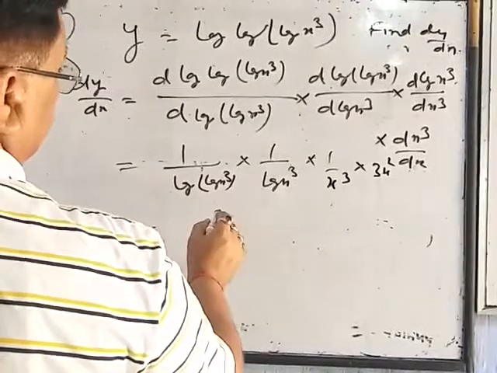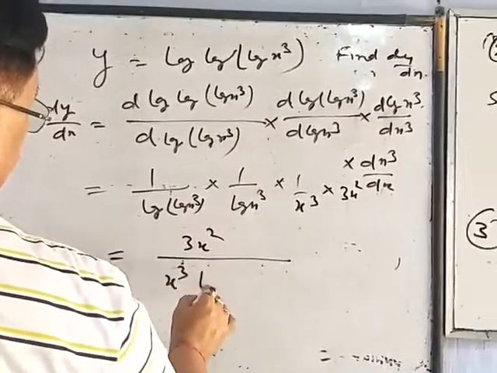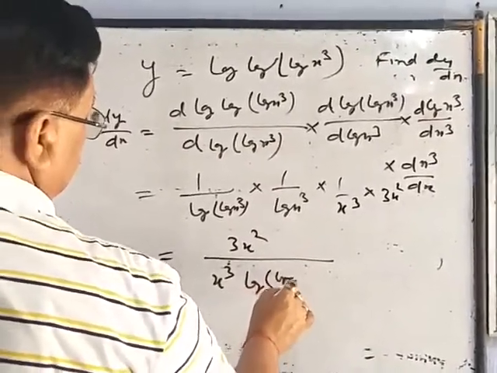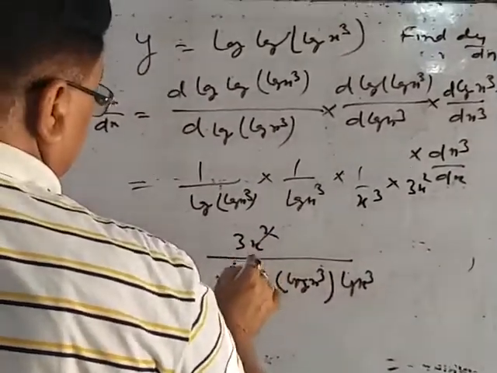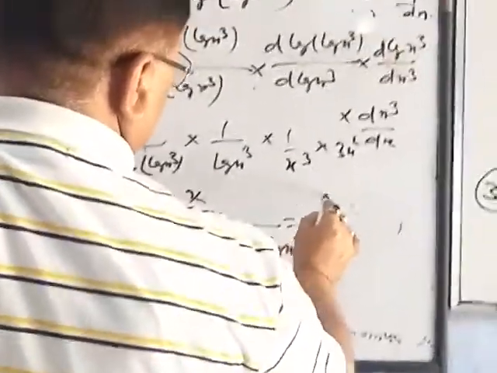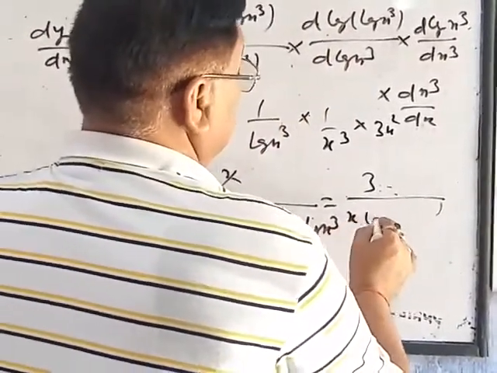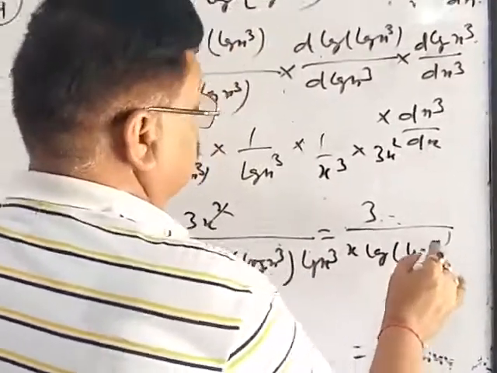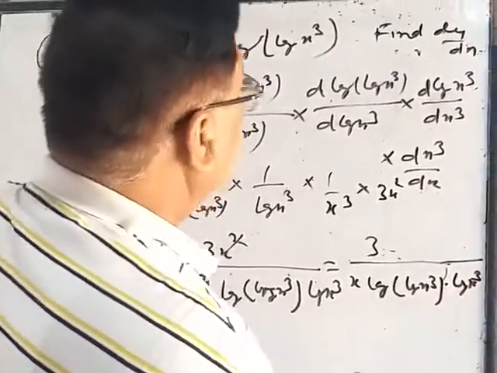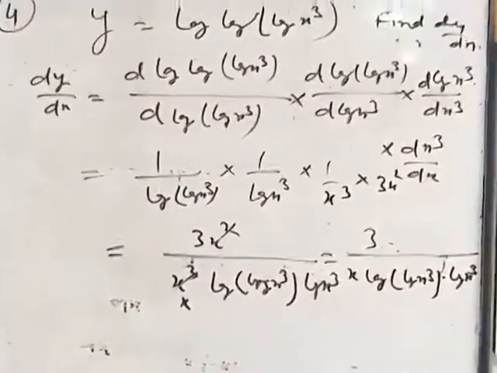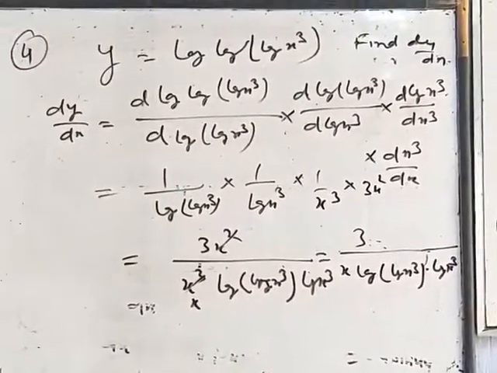We are getting 3x square by x cube log x cube. x square cancels, x is there, so 3 by x log x cube. So this is the solution. In this way, by chain rule, you can solve the problem, student.